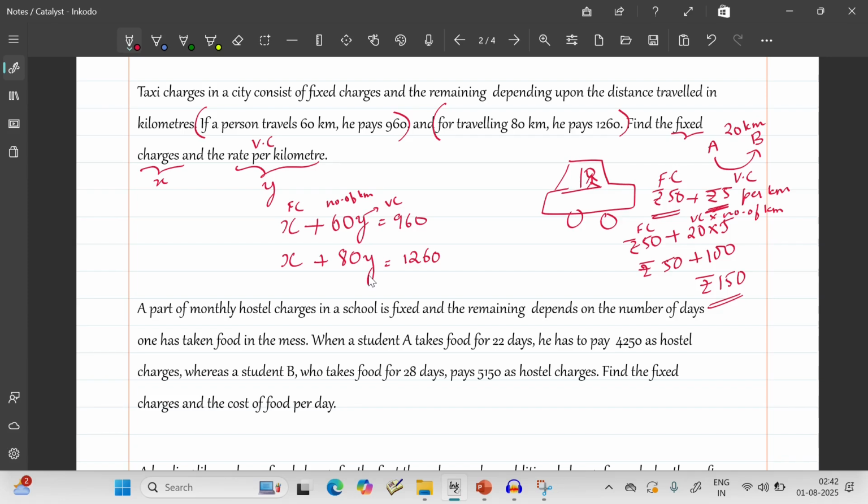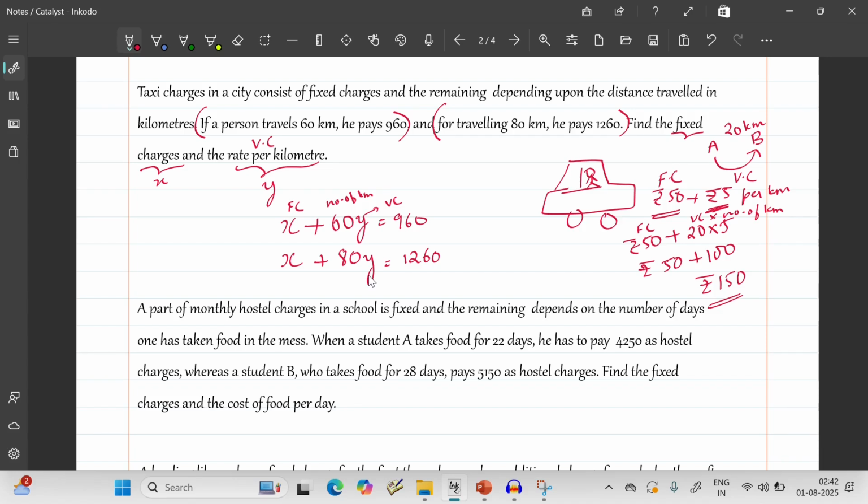Same format, same way you will solve the equations. Only thing is the wordings will be a little bit different, but the methodology of solving these problems is the same, where you add the fixed charge to the variable charge by multiplying whatever is given.